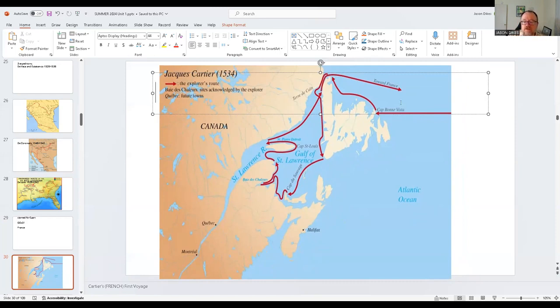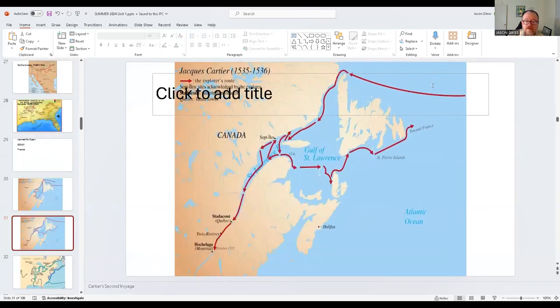But Jacques Cartier, as you can see here in the 1530s, sort of came here about where the Vikings had been and kind of fiddled about and then left. And then he came back the following year and he got about as far as where Montreal is today before leaving again. He's looking for gold. He's not finding any.